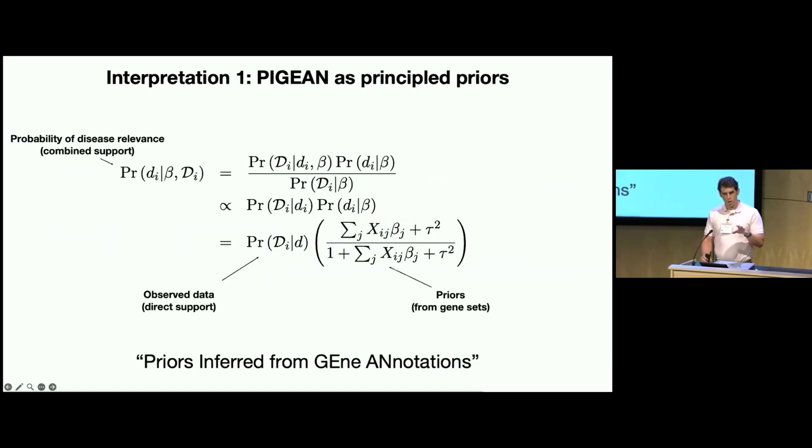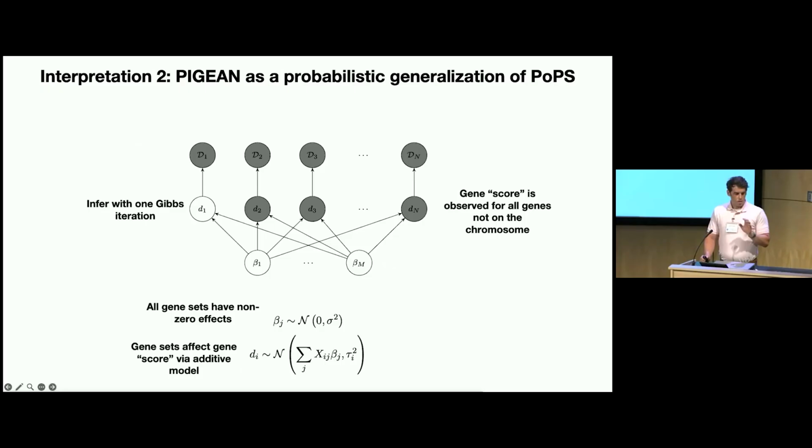You can show that if you typically think of genetic support as the probability of genes involved in disease given its nearby associations, and you augment that to also consider its annotations and fit that jointly, you can decompose the estimate into a prior that comes from the annotations that you learn from the data, and then direct evidence, typically a Bayes factor for those who know Bayesian statistics, coming from the direct data. There's another interpretation, if you're familiar with the POPS method.